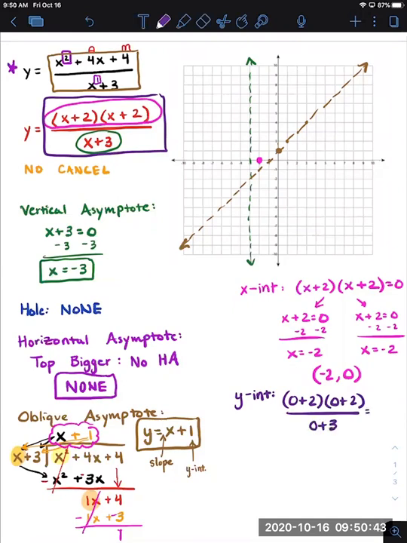So that ends up being 2 times 2 divided by 3. So 2 times 2 is 4 over 3, so 4 thirds. So you can write this as 0 comma 4 thirds. Put that on my graph. Remember, 4 thirds is about 1.3 repeating. So 1.3 is a little bit higher than 1, so it's just above your slant asymptote.